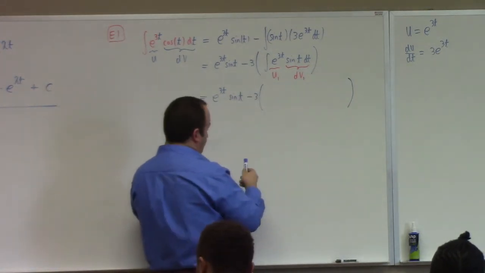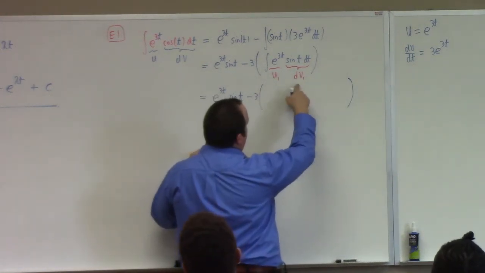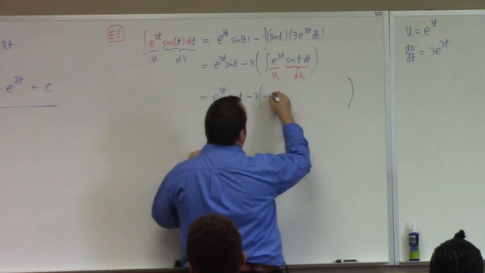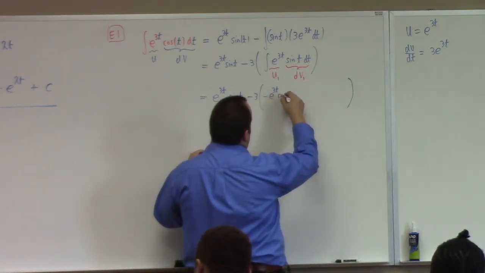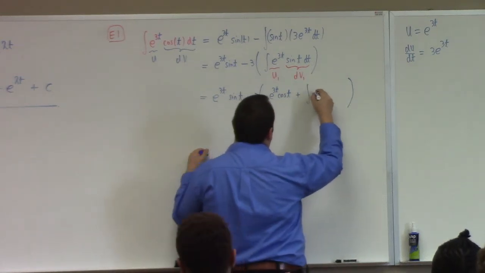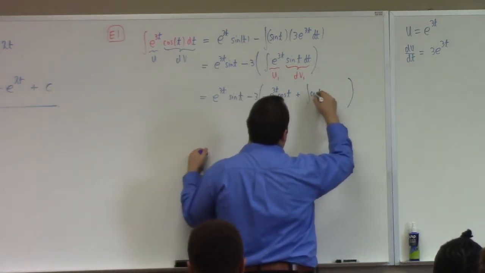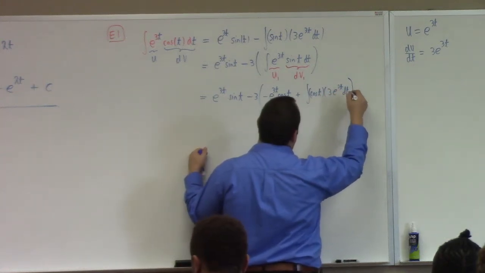And let's see here. We get what? What's V1? Right, negative cosine, so I'll bring that minus out. Minus cosine, and then I get plus integral of cosine t, right, times, again, 3 e to the 3t dt.